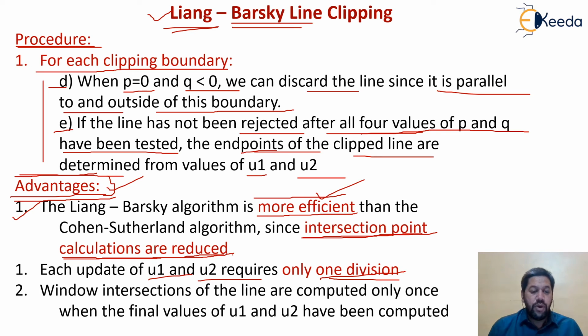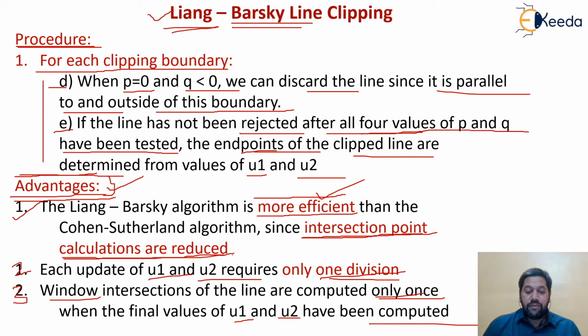Now I can say this is the second advantage, and now we list the third advantage. In the Liang Barsky line clipping algorithm, the window intersections of the line are computed only once, when the final values of u1 and u2 have been computed.